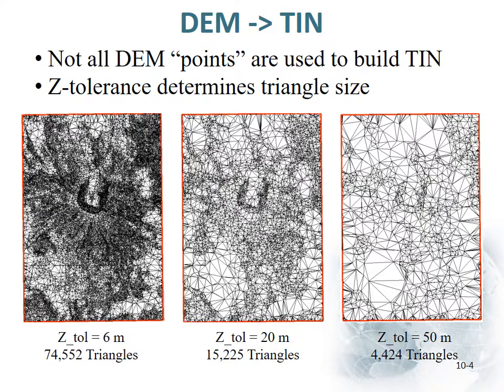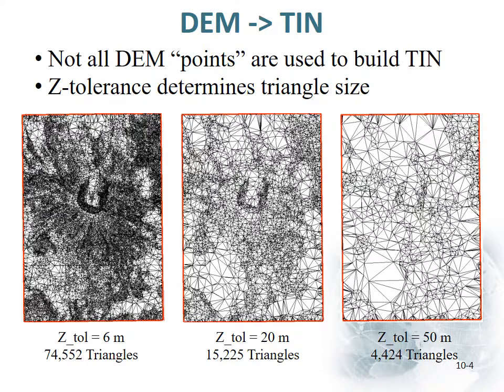So visually, over on the left, with a Z tolerance of 6 meters, in this particular example, we're generating 74,552 triangles. So Z tolerance means it's searching within a vertical distance of 6 meters given input raster cell values that are converted to points, which become points in the tin. In the middle, a Z tolerance of 20 meters produces 15,225 triangles.